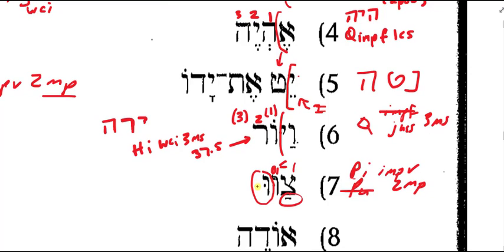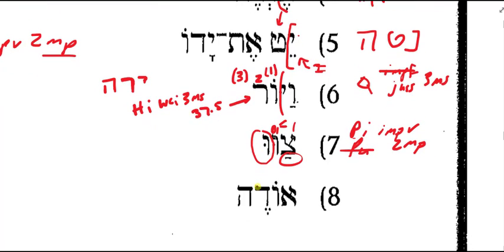Okay, similar sort of form is in number 8, odeh. So notice that I have the aleph prefix here, holem vav, which is going to make me think that this is probably a hifil if it's a one yod verb that's originally one vav. I only have a dalet, and then I do have the segol hey.